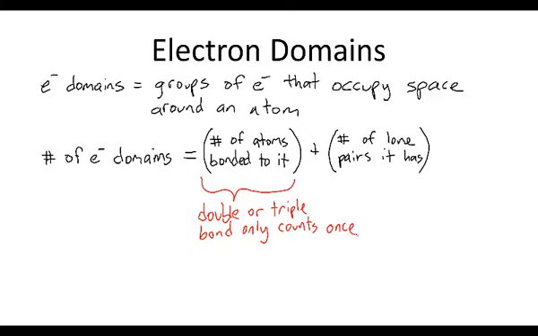Since we're dealing with molecules that are always going to follow the octet rule, or at least never go over the octet rule, the maximum number of electron domains we're going to deal with will be 4, or it could be 3, or it could be 2.